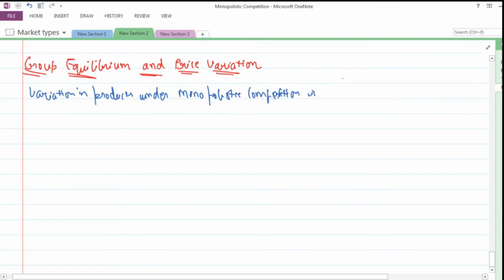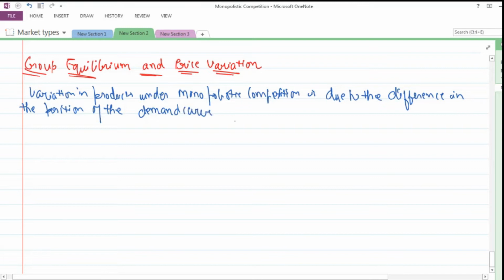It is due to the difference in the position of the demand curve of various firms. Similarly, the shape and position of cost curve also differ.